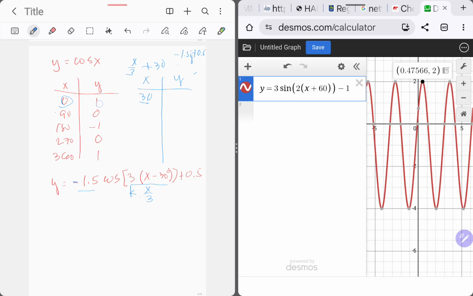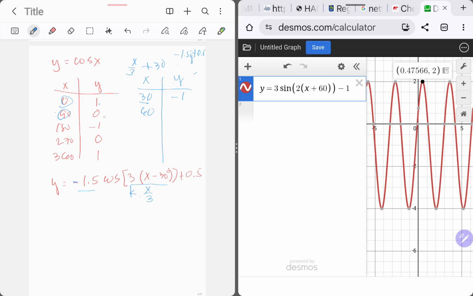And then when y is equal to 1, negative 1.5 times 1 plus 0.5 will give you an answer of negative 1. And then when x is equal to 90, 90 divided by 3 will give you 30, right? And then plus 30 here. So that's why this is 60.